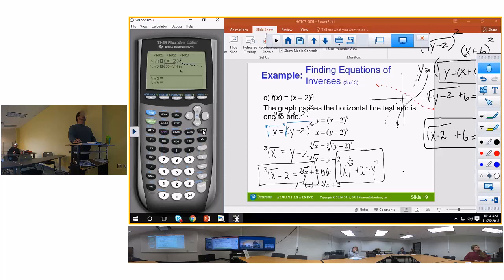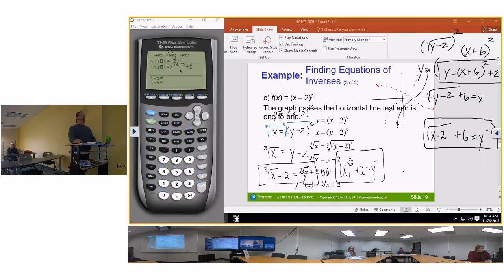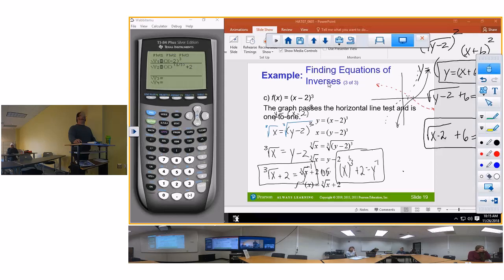I'm not going to use the cube root because I don't even know if this thing has it. So I'm going to put parentheses, x, close parentheses, to the 1/3 power, parentheses, 1 divided by 3. And then go down, and then plus 2. Okay, and I'm going to erase this because I can't see it. There we go. And hit graph.